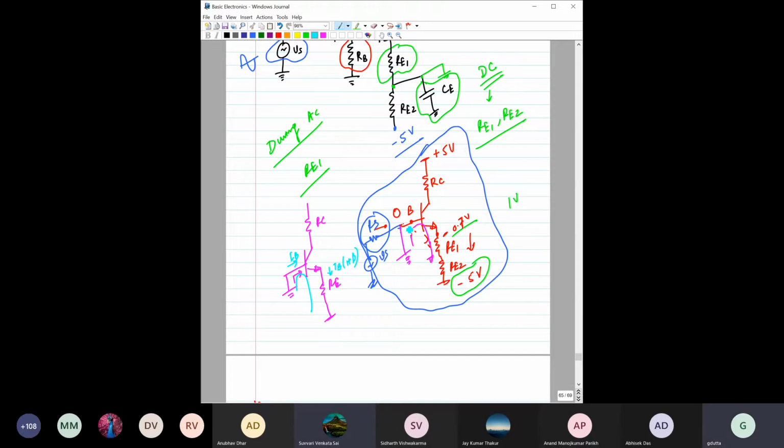Okay. Now see, in the AC equivalent circuit, when you have applied this signal, what is happening? This signal is basically, see, this is grounded, right? So the signal is basically grounded, and this is basically going here, right? So VS is not actually applied.